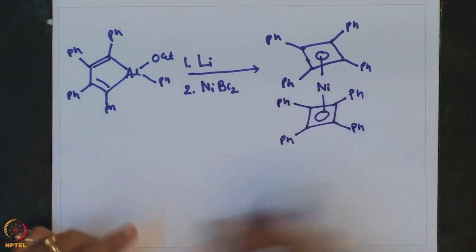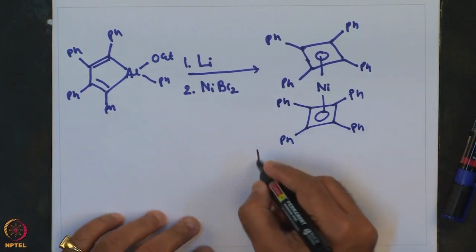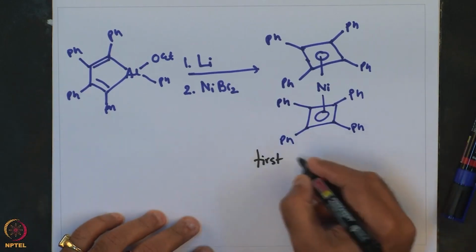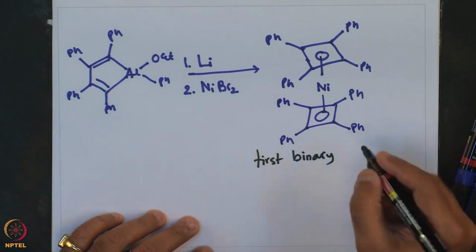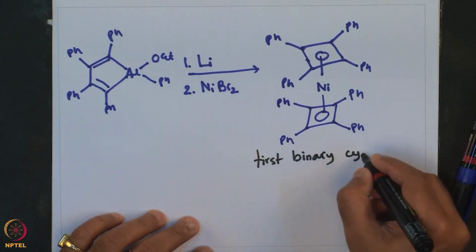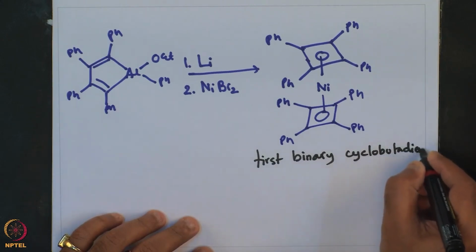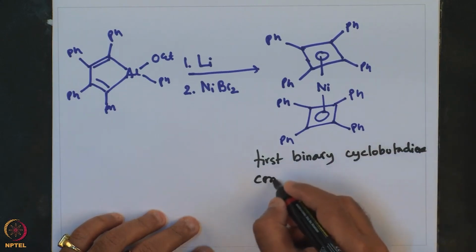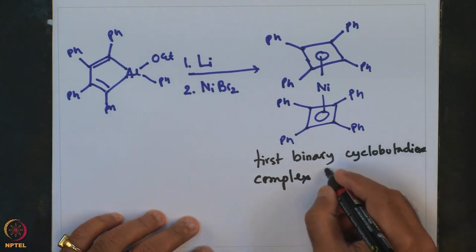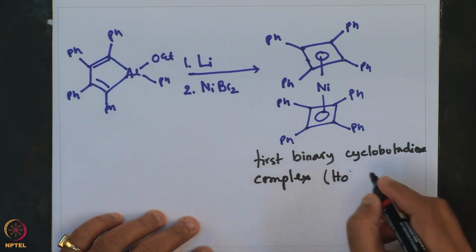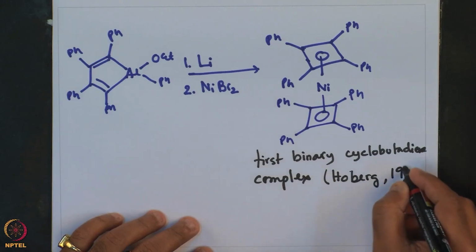So, this is the first binary cyclobutadienyl complex, and was synthesized by Hoberg in 1978.